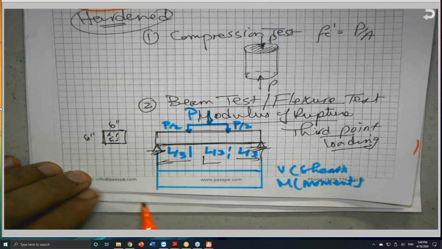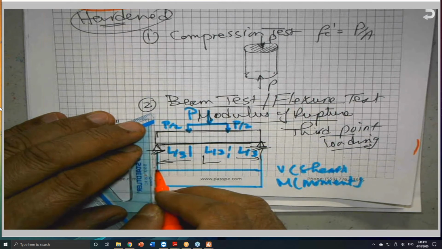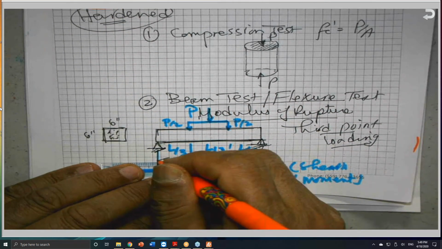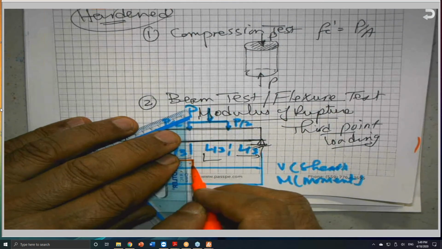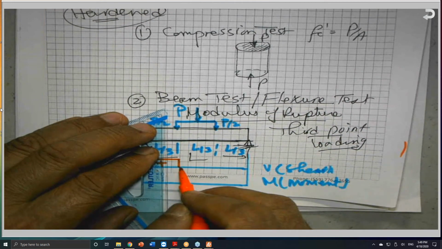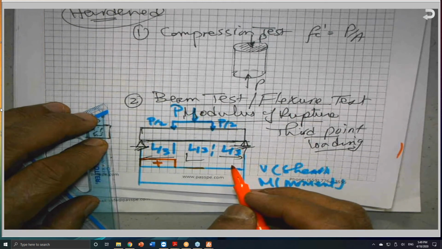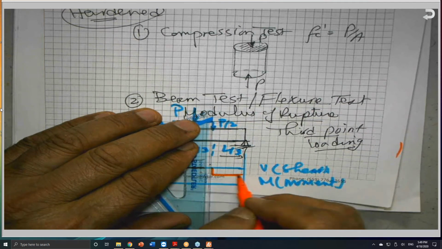So if I go up, positive shear, until I move horizontal until I hit this load here. So this is P over 2, and this is positive shear. Here, there is no shear all the way until I come here at P over 2, and I go back again to P over 2.